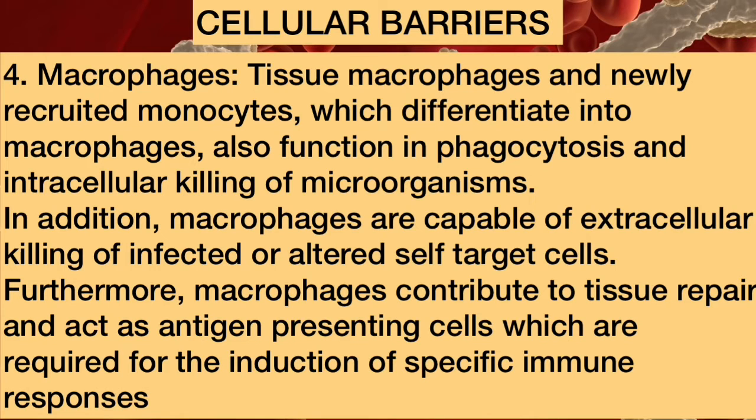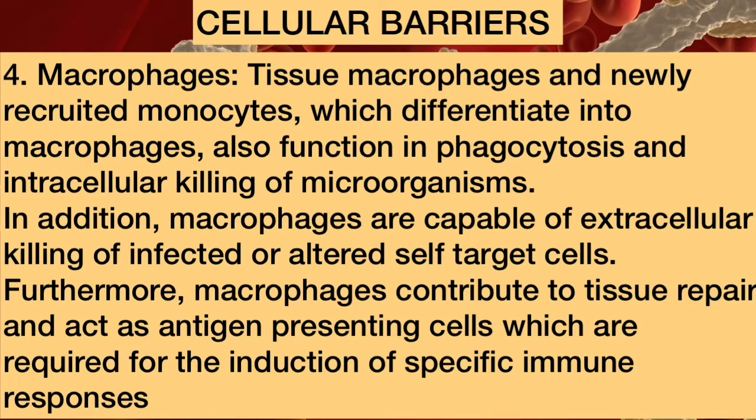Tissue macrophages are newly recruited monocytes, which differentiate into macrophages, also function in phagocytosis and intracellular killing of microorganisms. In addition, macrophages are capable of extracellular killing of infected or altered self-target cells.